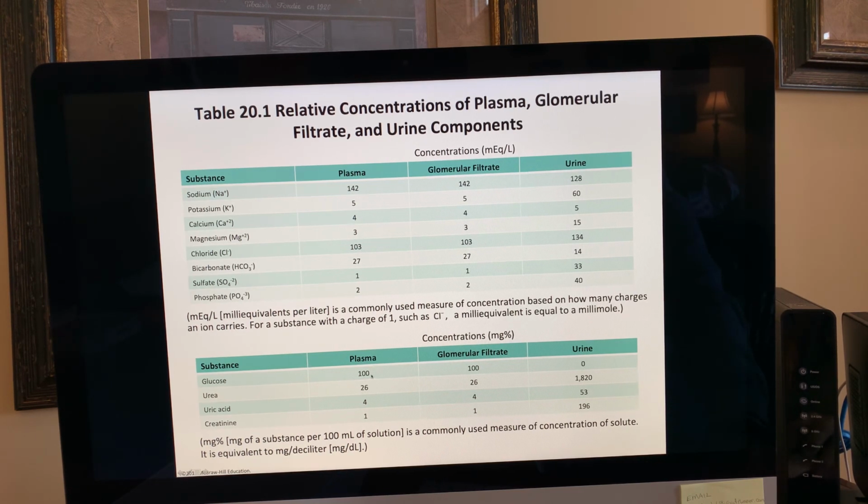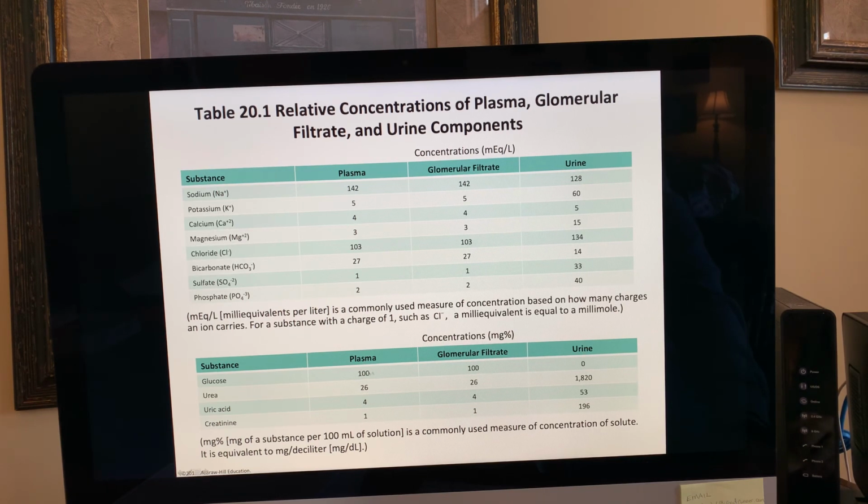Looking at glucose as another example, your plasma glucose level, on average, is about 100 milligrams per deciliter. Since glucose can freely pass into the glomerular capsule, the glomerular filtrate also has 100 milligrams per deciliter.